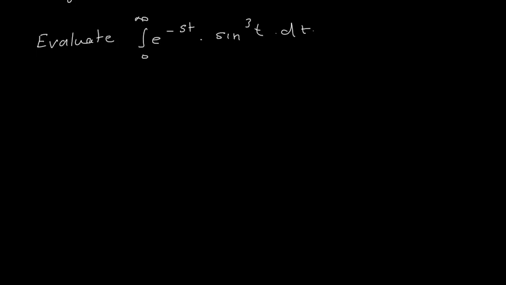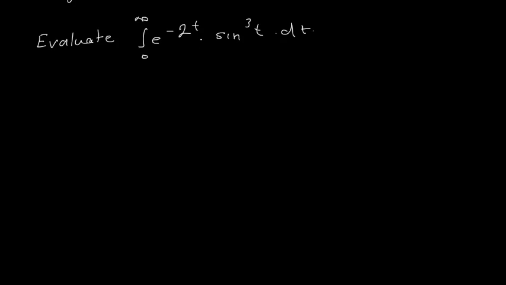Okay, so you have to evaluate, actually, e raised to minus 2t into sine cube t dt. You have to evaluate this. That means we have to find Laplace of sine cube t. So let us understand what is sine cube t in terms of sine or cos.